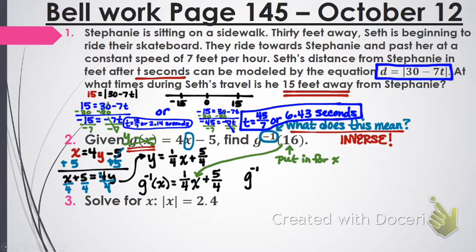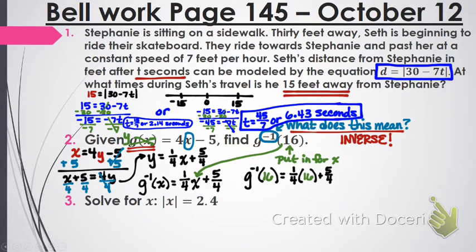g inverse of 16 is equal to 1/4 times 16 plus 5 over 4. 1/4 of 16. If I take 16 and I cut it into 4 equal-sized parts, it's the same thing as 16 divided by 4.